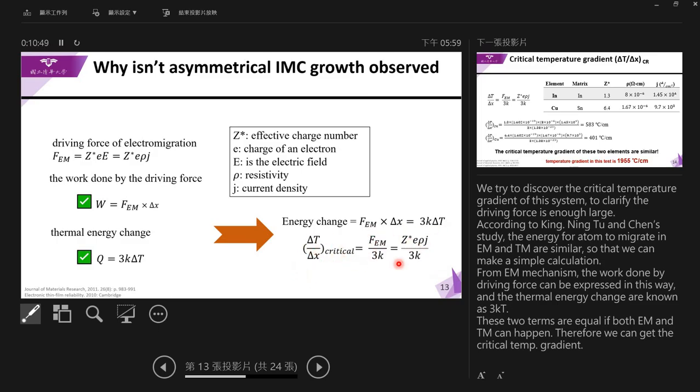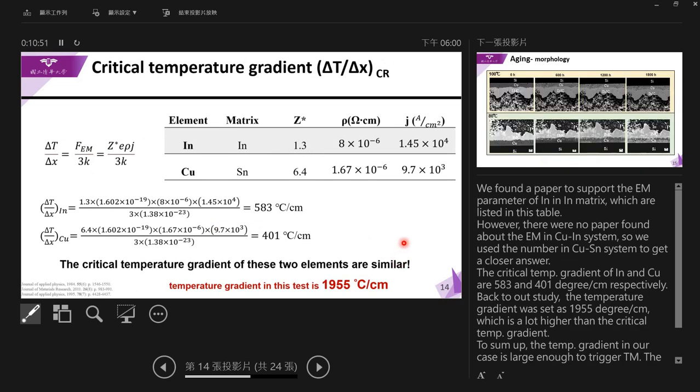Then we found a paper to support the EM parameters of indium in an indium matrix, which are in this table. However, no paper was found about electromigration in copper-indium systems, so we use a number from copper-tin systems to get a closer answer.